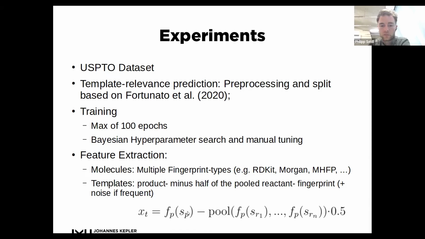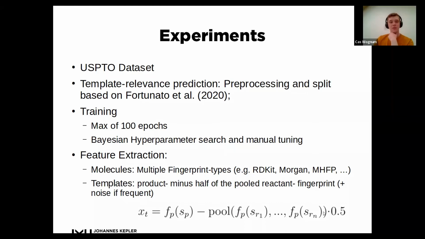You take the fingerprint of the product side and subtract a pooled version. In this case it was max pooling, but which pooling operation you choose is a hyperparameter. You pool over the fingerprints of the reactants. What's also important is that you add noise if they are frequent; the noise allows you to have some learnable component for very frequent templates.